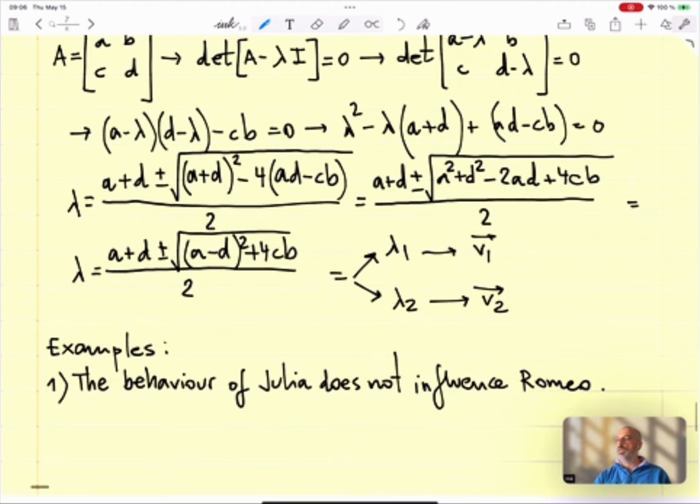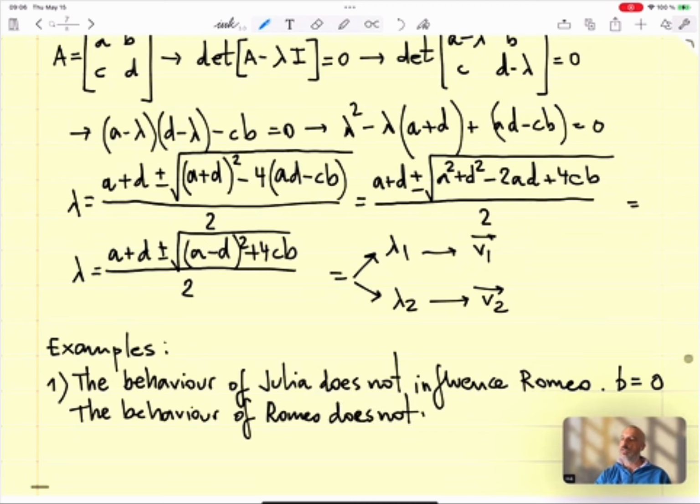This means that B equals 0. The same would be the case if the behavior of Romeo does not influence Julia, okay?